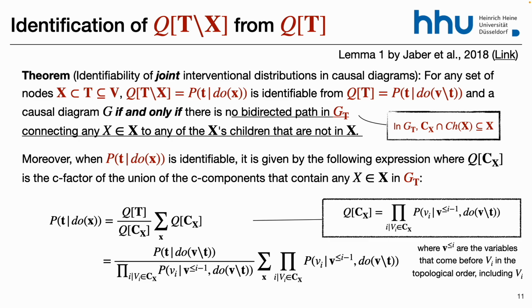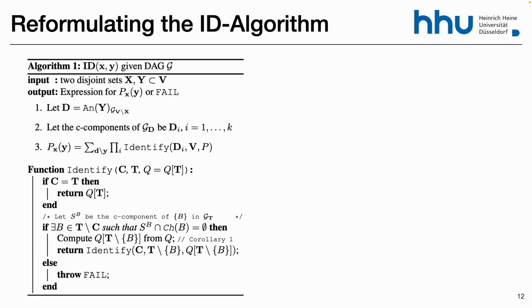We will have some examples, so don't worry about it. All right. And then with this graphical condition, it's possible to reformulate the ID algorithm, the ID for causal diagrams. So this is just an equivalent version of the ID algorithm.